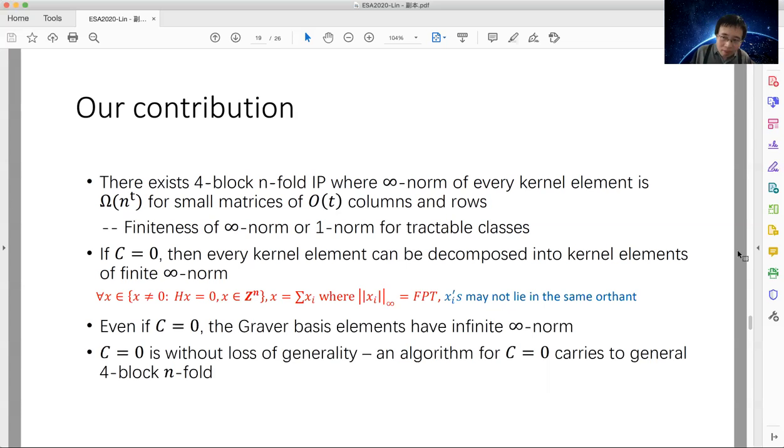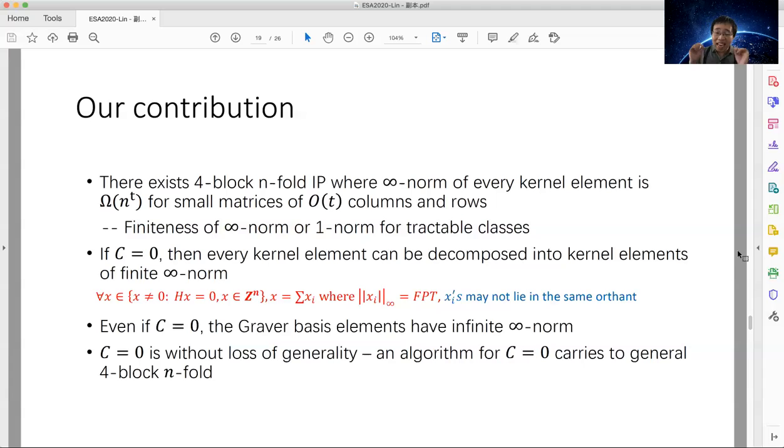And the fourth result, which is kind of contradictory, but not really, is that we show that C equals 0 is actually without loss of generality.